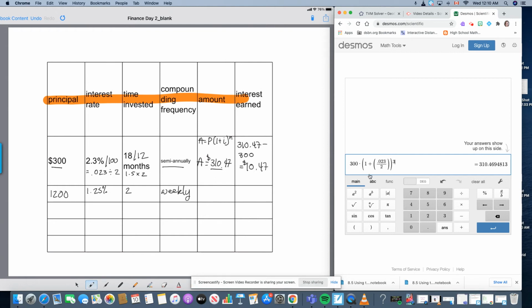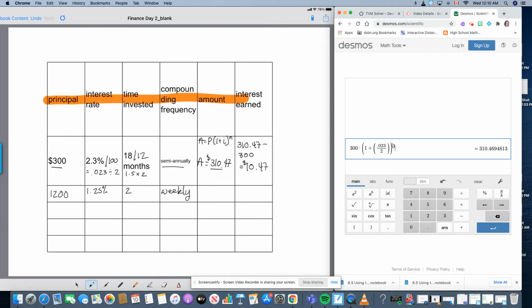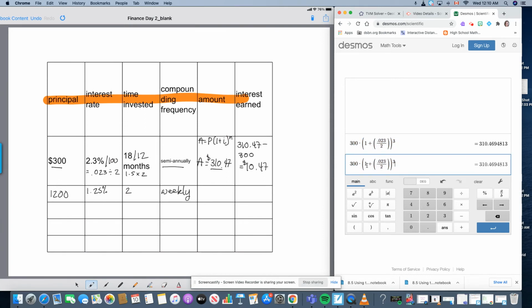When we go in here, you can either copy and paste this if you like to have all of your work. I like to look at it all together so I can see the differences, but if you are not that kind of person, that's also okay.